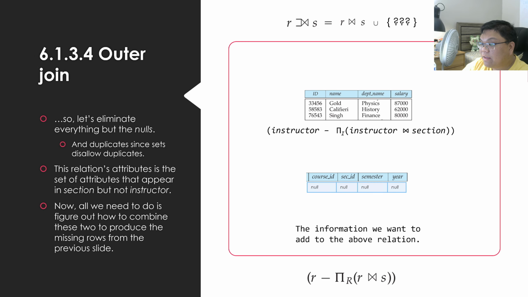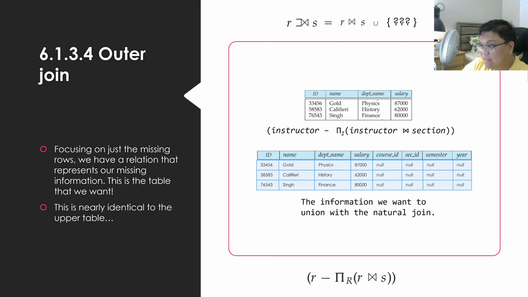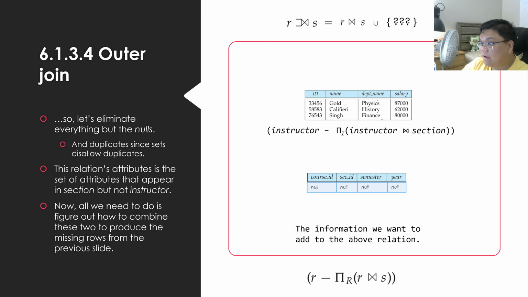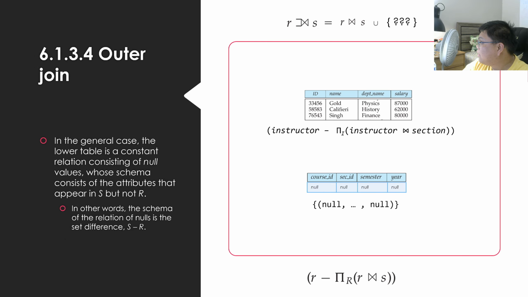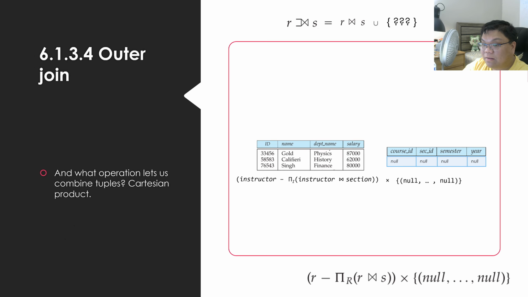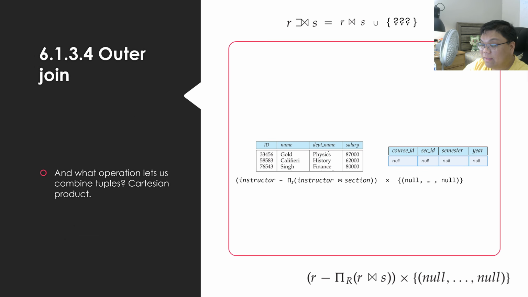It means we just need this, because once again, sets disallow duplicates. So what operation do we need to do with this and this such that we get this? What operation lets us combine tuples this way? The answer is Cartesian product.